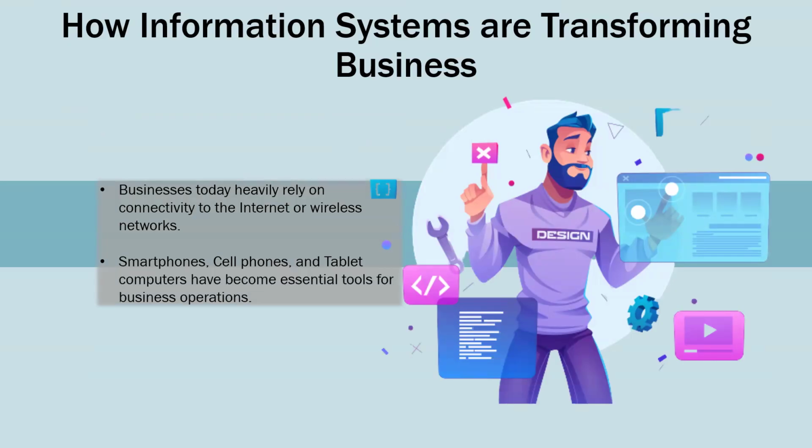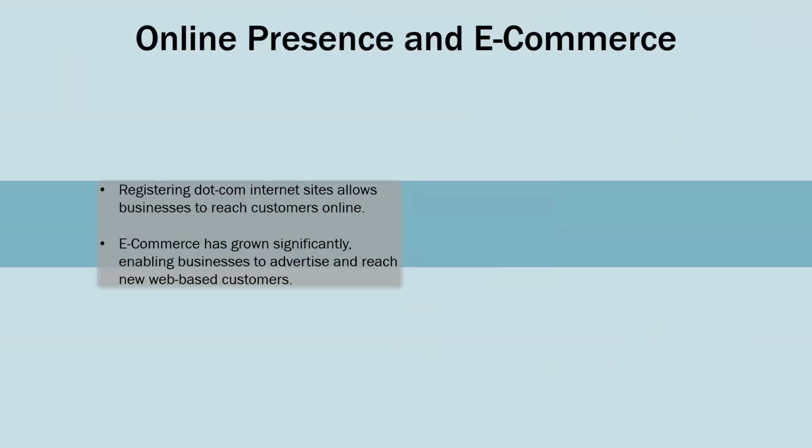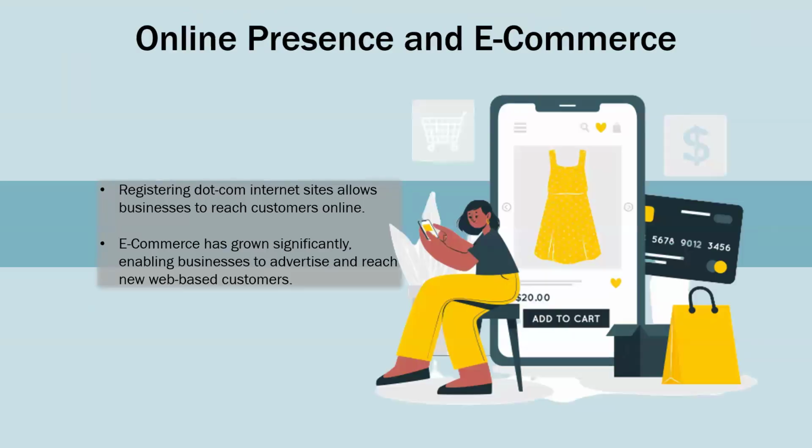A cell phone is a computer, a tablet is a computer, a smartwatch is a computer. They have all become essential tools for business operations. Now you can see that most of the people that are having businesses today have what we call an online presence. This is where we are talking about the advantage of having information systems.